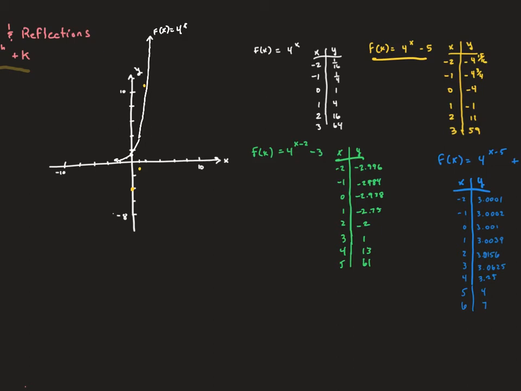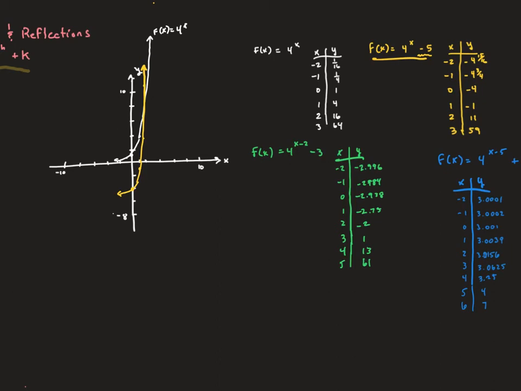And then when x is 3, I'm going to be way up there somewhere. And when x is negative 1, I'm going to be at almost negative 5. So here's the shape of that function. It looks like the only thing that's happened is my function has just been moved down 5, which is what that is indicating.